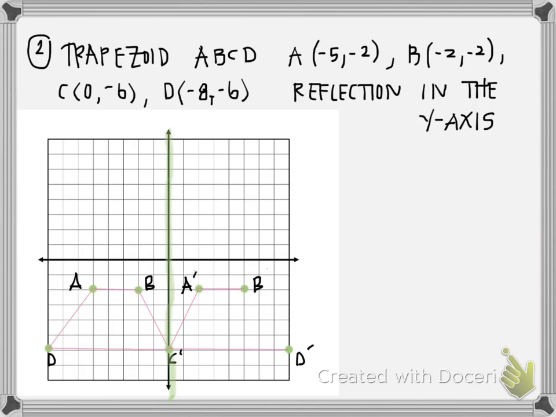Oops, I'm sorry, I labeled these wrong. This is going to be B prime, sorry. And this is A prime. Okay, so A prime is going to be at 1, 2, 3, 4, 5.